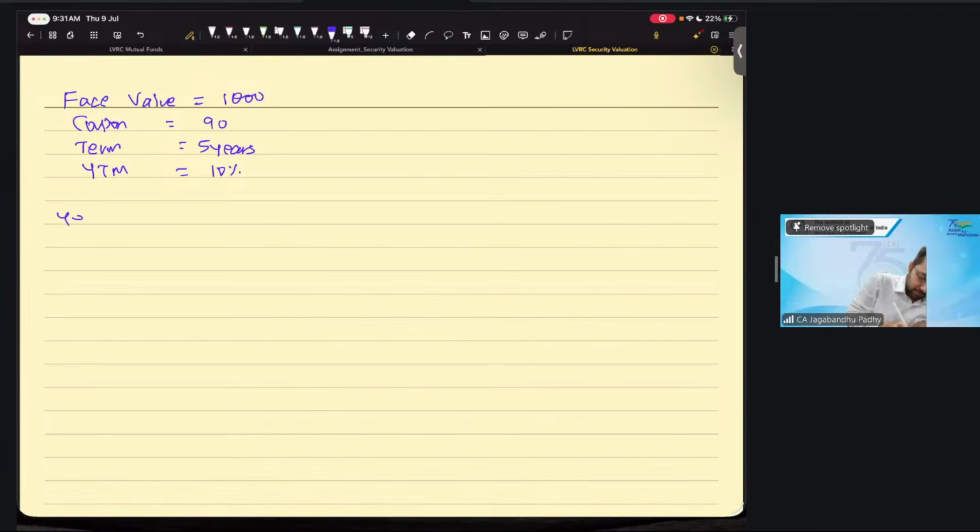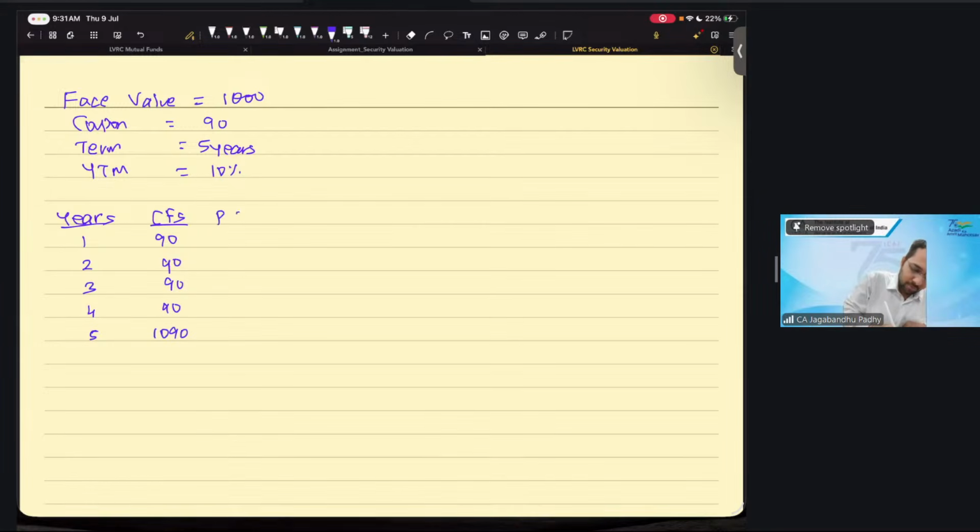So we have, let's say, years and cash flows. In year 1, 2, 3, 4, 5, so in total we have got 5 years. In these 5 years, you're going to get a coupon of 90 every year, and in the final year you have 1,090.